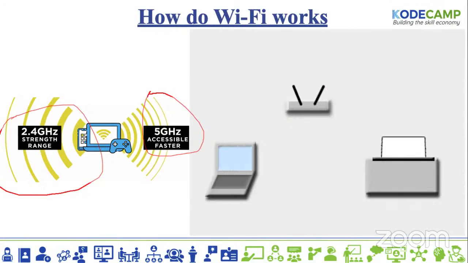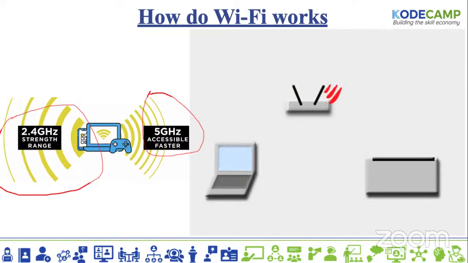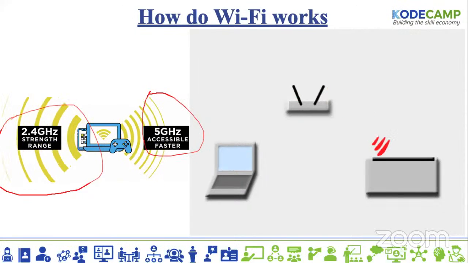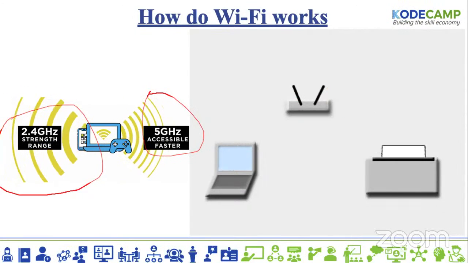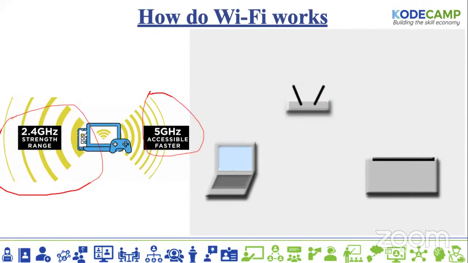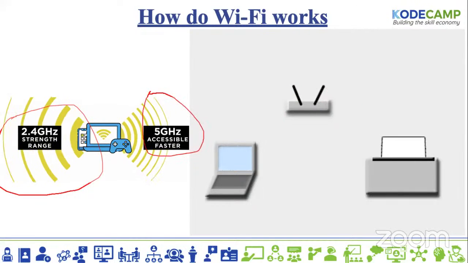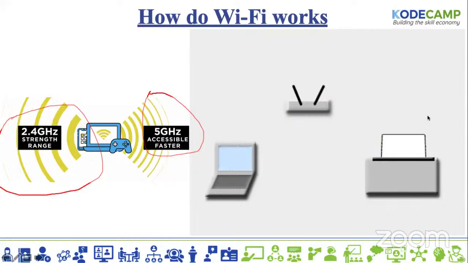Like in just 1 second. So that is very, very fast. Am I correct? That is very fast. So that is just a brief discussion of how this Wi-Fi works, and it happens very fast.